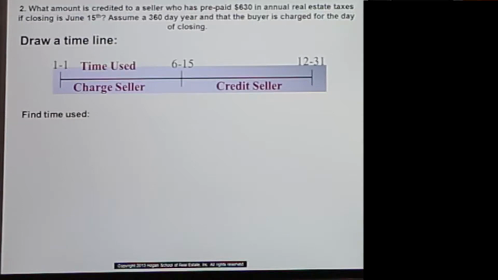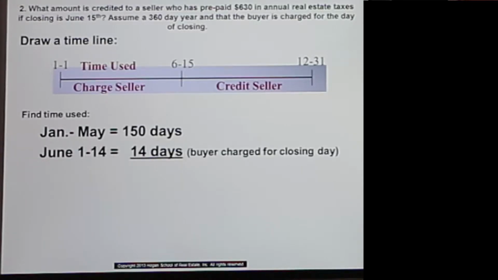Next step, find the time used. So January through May is 150 days, and we've got June 15th, but we're only going to charge the seller for 14 days because, again, the question says the buyer is charged for the day of closing. So we have a total then of 164 days used.